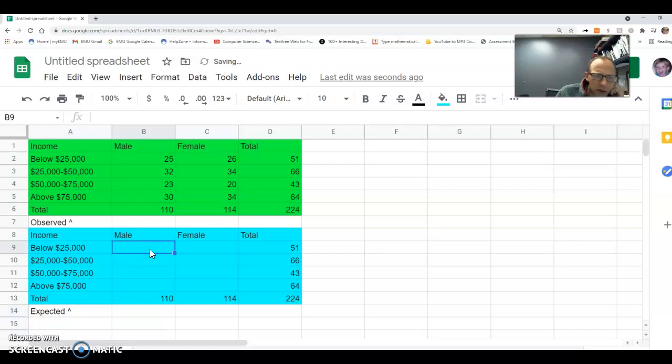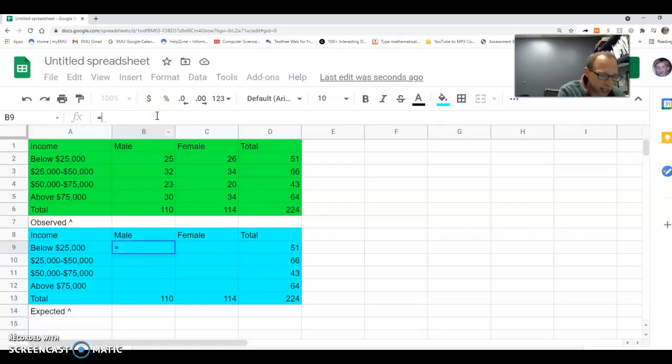So how do we figure out what the expected would be? Well, it's basically saying that if there's 110 males and 114 females, we should have a little bit less males than females in each one of these categories. And specifically, we know how many are in that category.